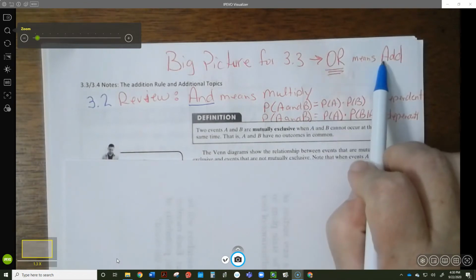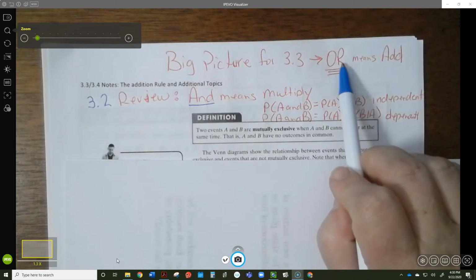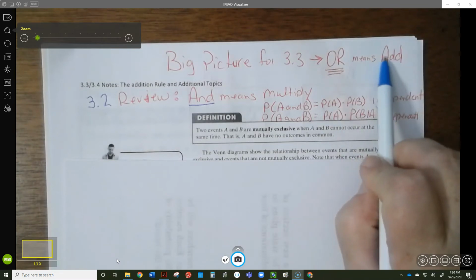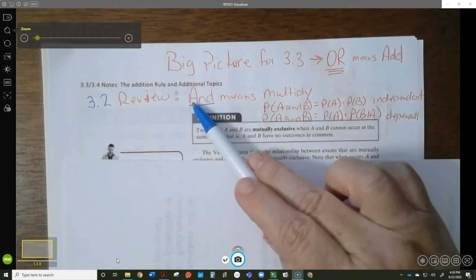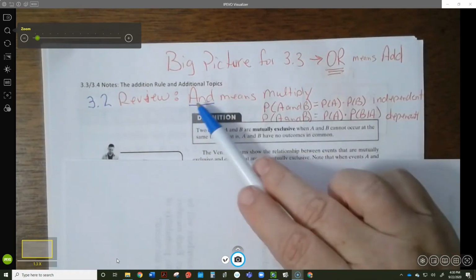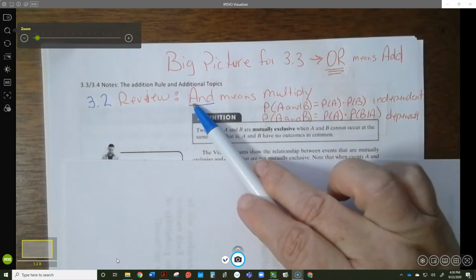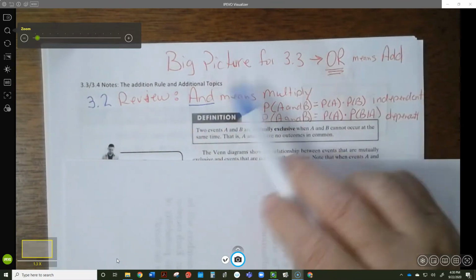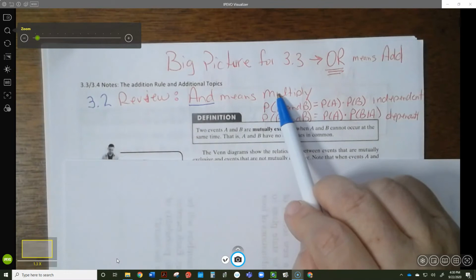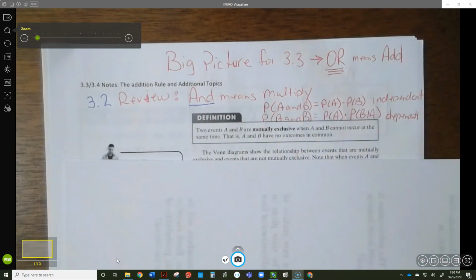So be sure you keep that straight. The way that I remember it is I don't mix the add because it has an A with the and because it has an A. So I just remember keep the A's separated. Or goes to add, and goes with multiply. And that will kind of help you keep it straight.